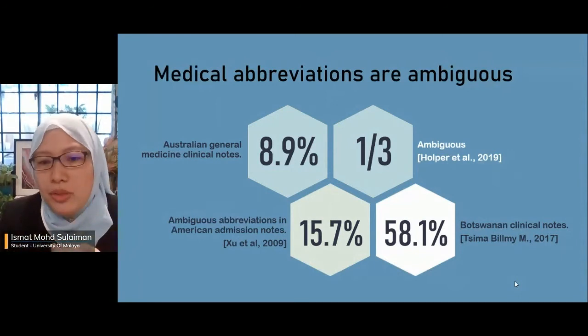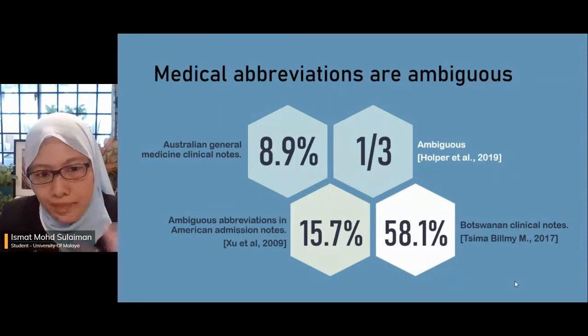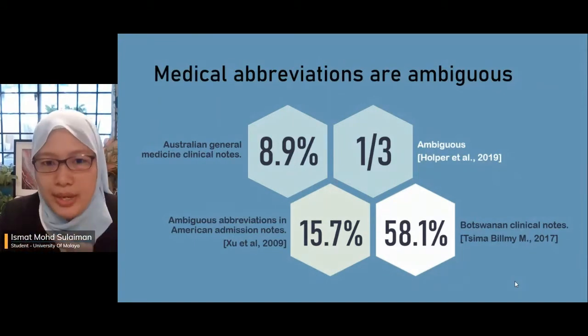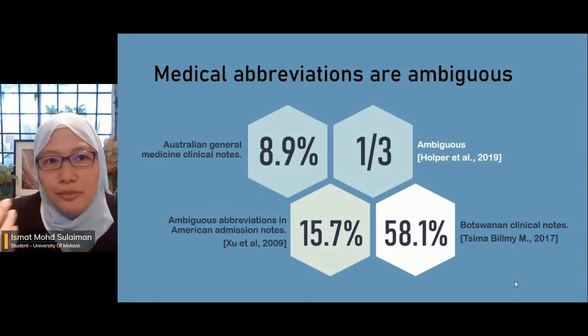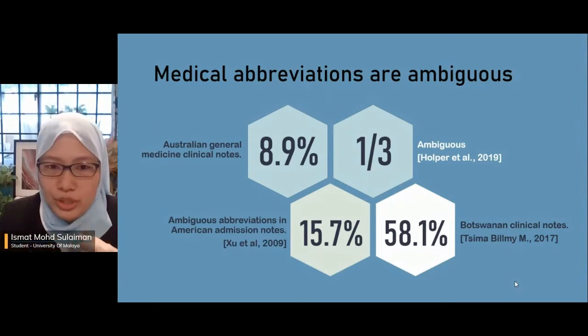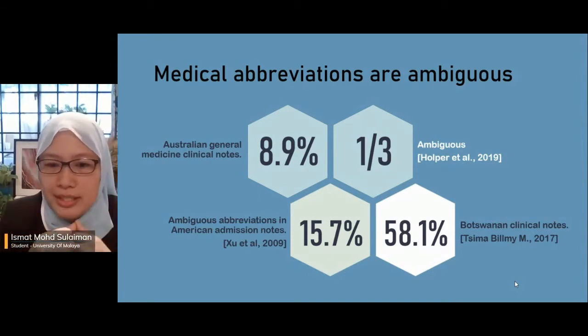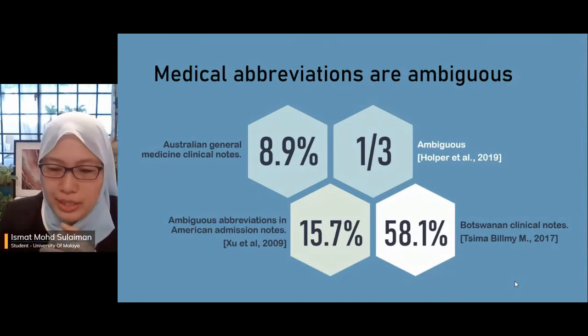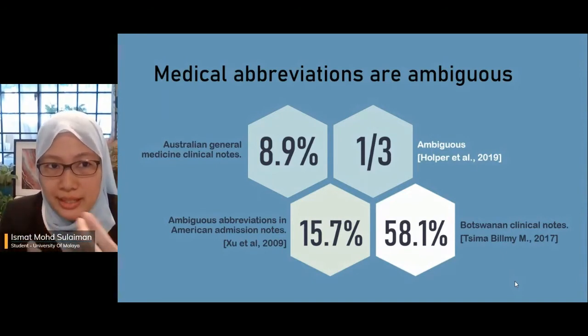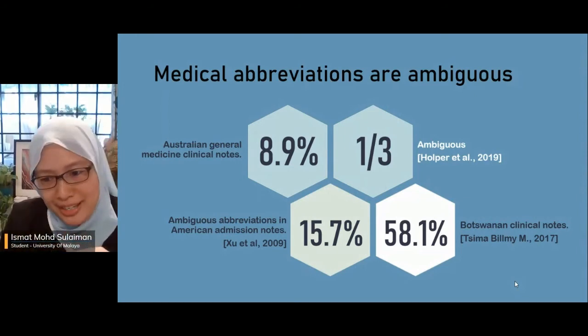Most of them come from Australia, UK, Ireland, US, Canada, and so forth. That's why in Malaysia we use English in our clinical notes. So I thought it would be interesting to study medical abbreviations in a country that uses English as a second language.